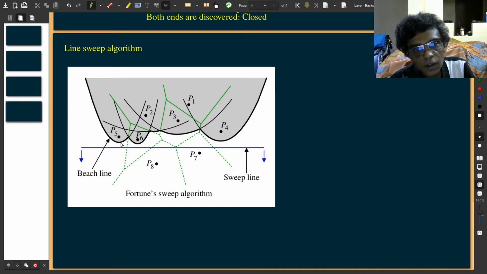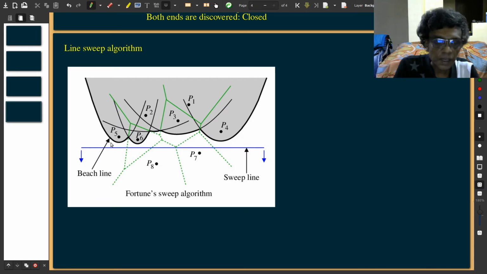This parabola is the set of all points having equal distance from P5, the focus, and the directrix, which is the sweep line here.